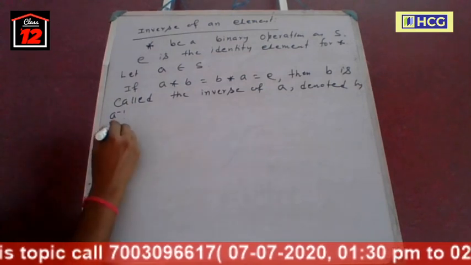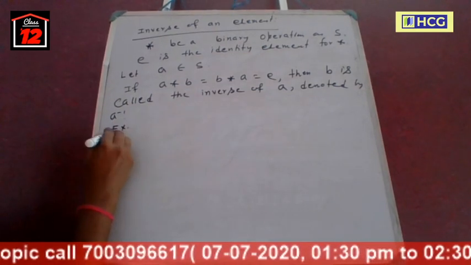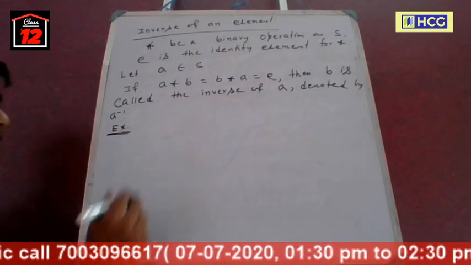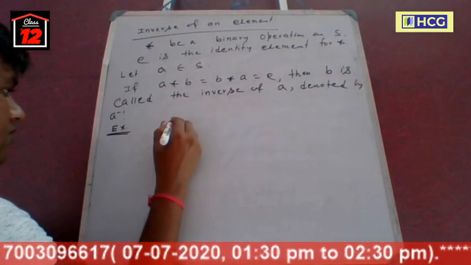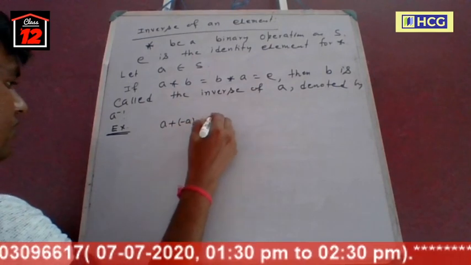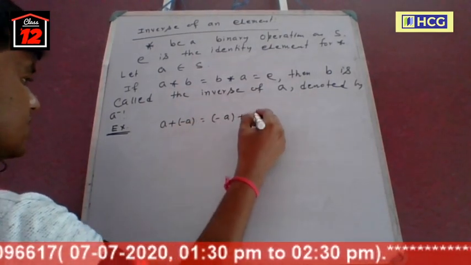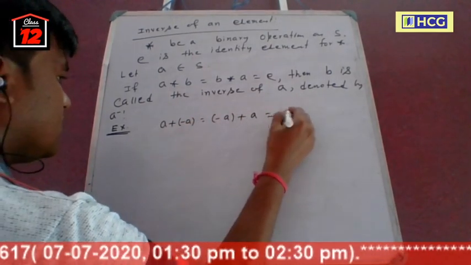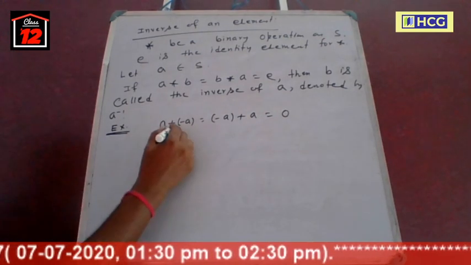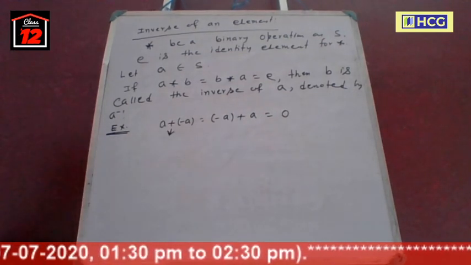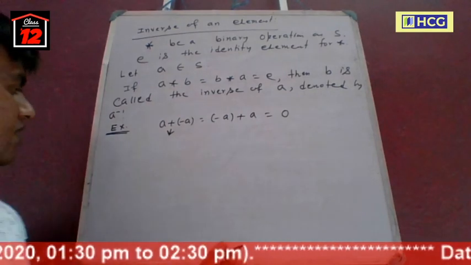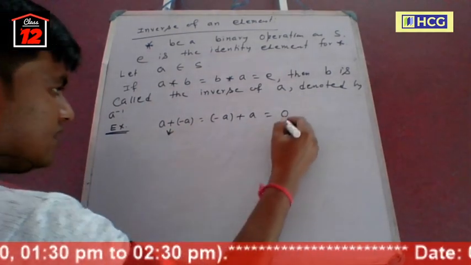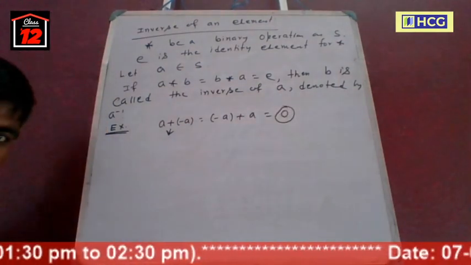Example: now A plus minus A equals minus A plus A equals 0. The operation usual addition on the set of all integers is a binary operation, and for this operation 0 is the identity element.